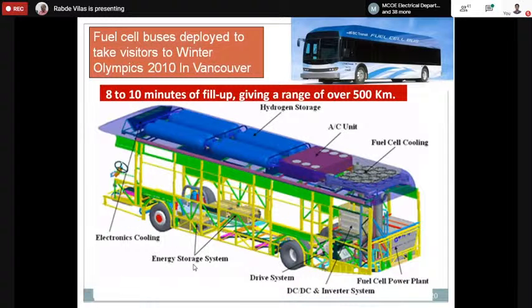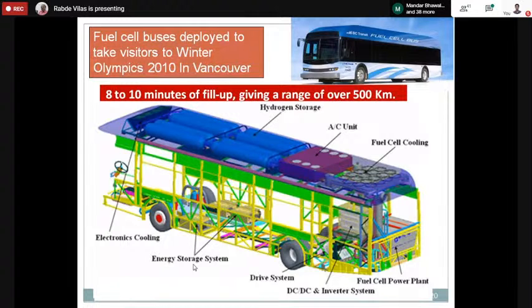This is another bus they have developed, with 8 to 10 minutes of pull up giving a range of 500 kilometers. So 8 to 10 minutes of charge can give you 500 kilometers. That's the beauty of this design. Fuel cell buses were deployed to take visitors to the Winter Olympics in 2010 in Vancouver.